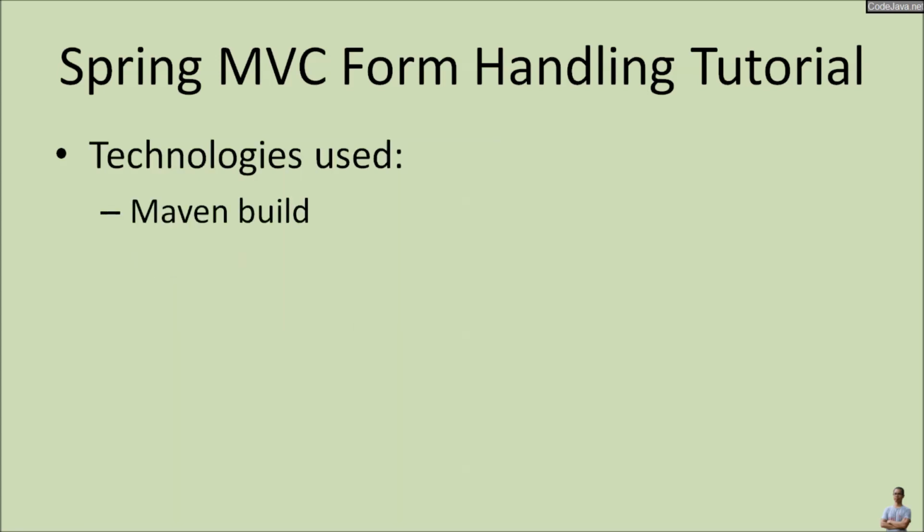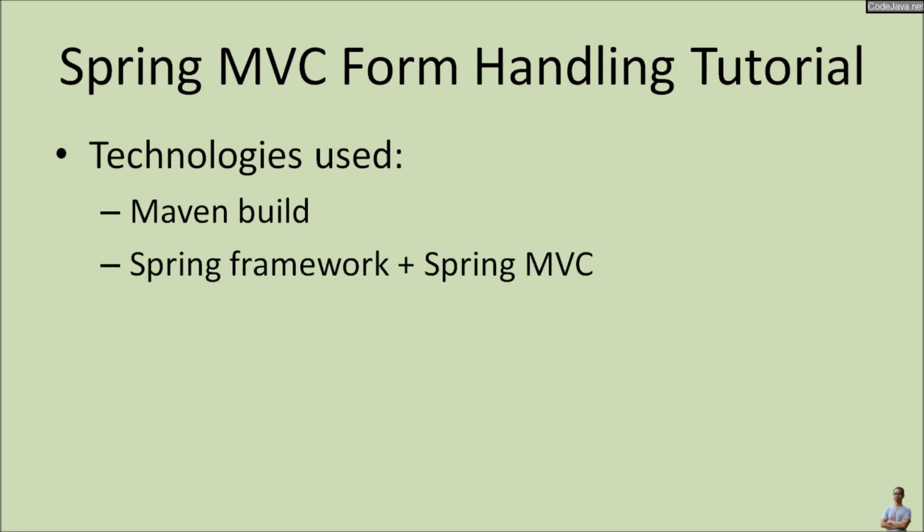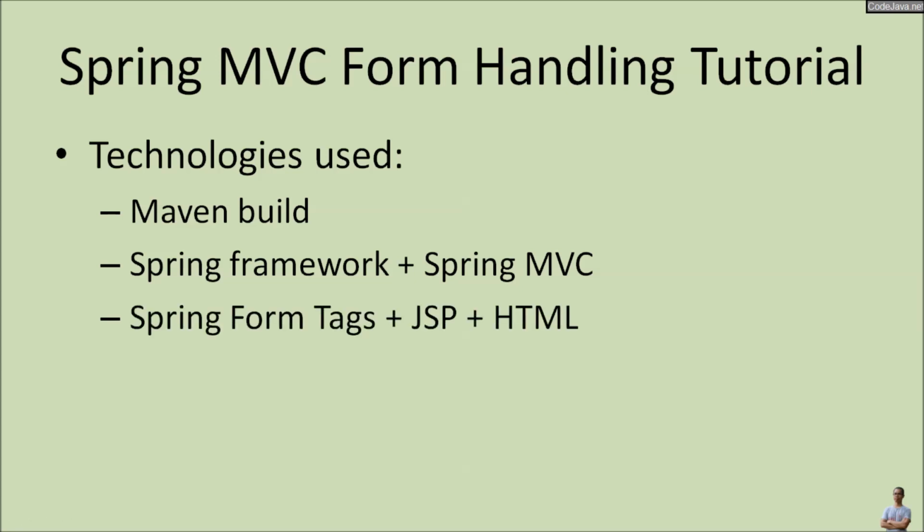And we use Maven as the build system for the project. And we use Spring Framework with Spring MVC to develop a Spring web application. And to handle form submission, we use Spring Form Tags with JSP and HTML.